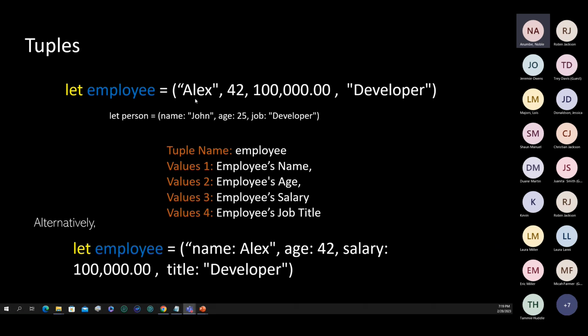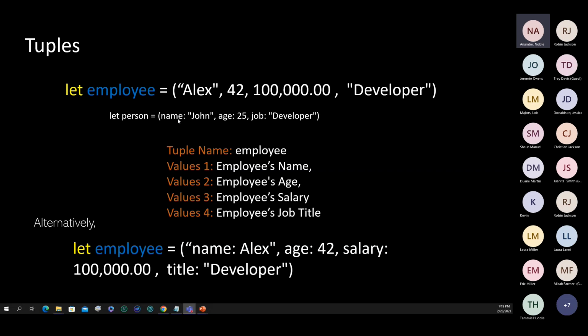Unlike some of the other data types that we've talked about, particularly array and set, now you can put different kinds of data types here. So this is literally a string. This right here is an integer. This is a double, right? And then this is another string, but you can pack all of these things together.